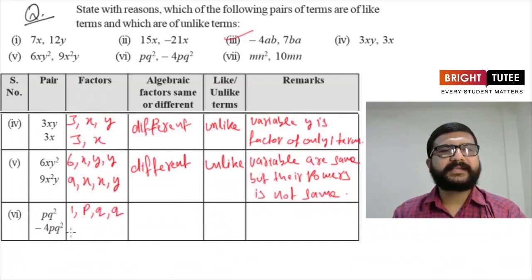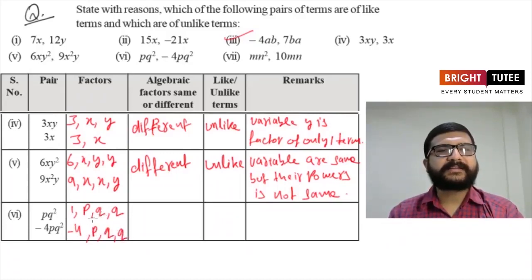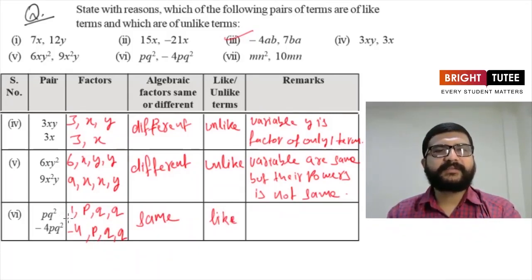These are the factors, and for the second it is minus 4, p, q and q. Now again the algebraic factors are p, q, q, and in the second term also it is p, q, q. So it means here algebraic factors are same. It means we can say terms are like terms.